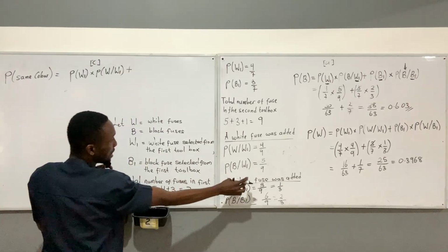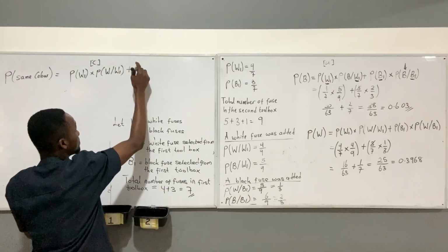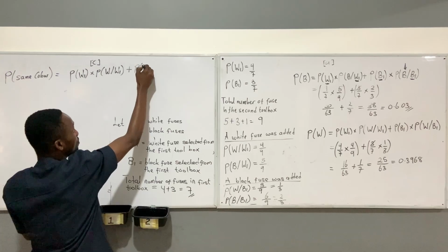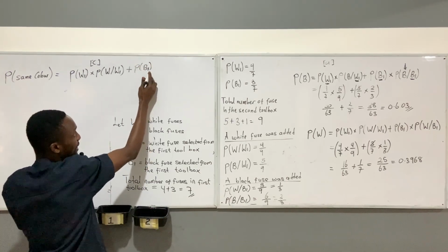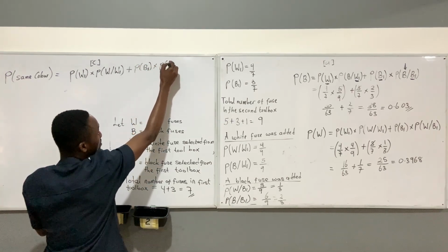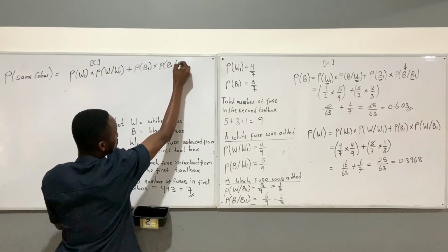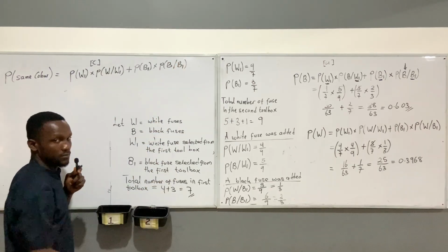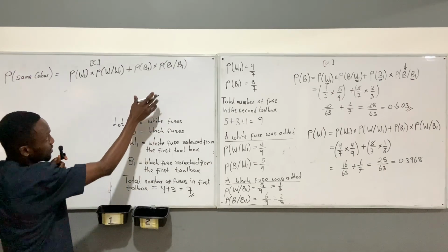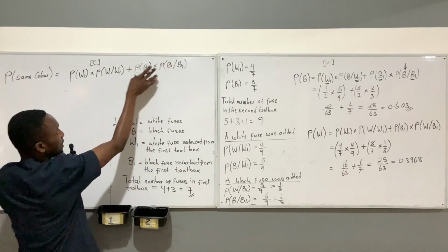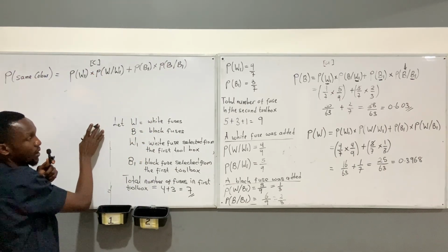Plus the second scenario, black: the probability P of the black fuse that he added times the probability of him picking a black fuse, given that a black fuse was added from box 1. So you could see the second condition is for black, the first condition is for white.